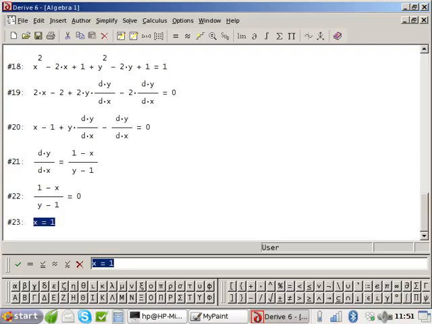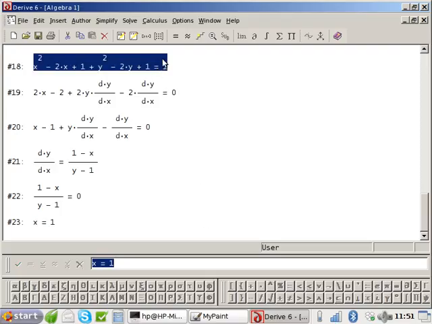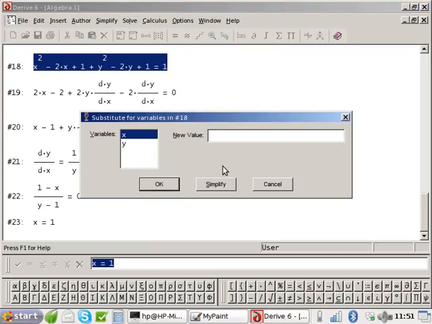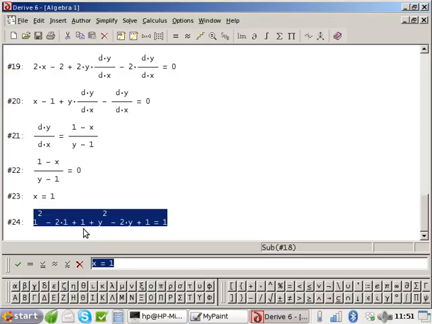But how can I find y? I have the x, that's great, but I still need y. Go back to the original, and then substitute x is 1. So if I substitute x is 1, I'll get this equation.